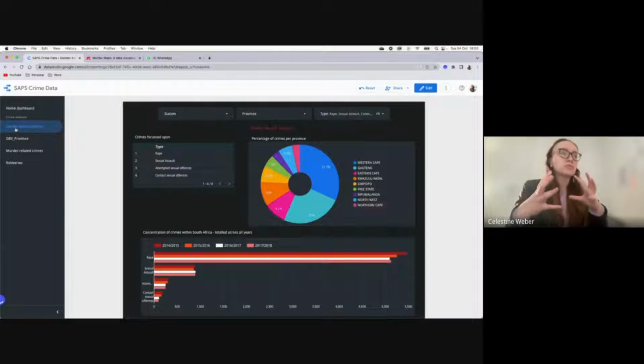So I've grouped the cohorts into various crimes and showed you each one where I'm focusing on different types of crimes, and then the percentages per province, and of course the concentration of crimes within South Africa across all years given.